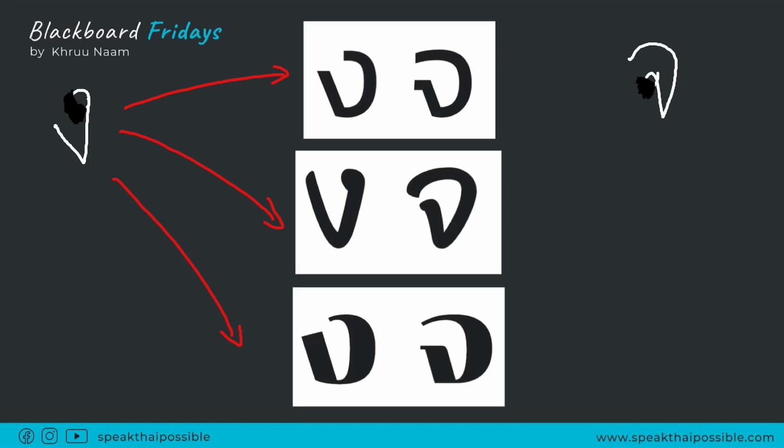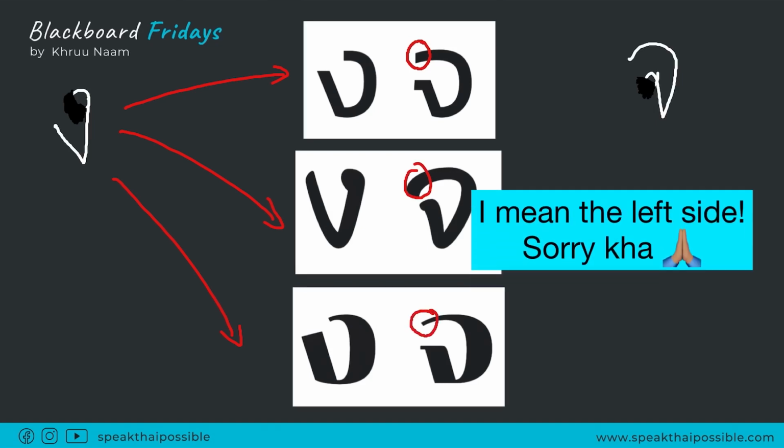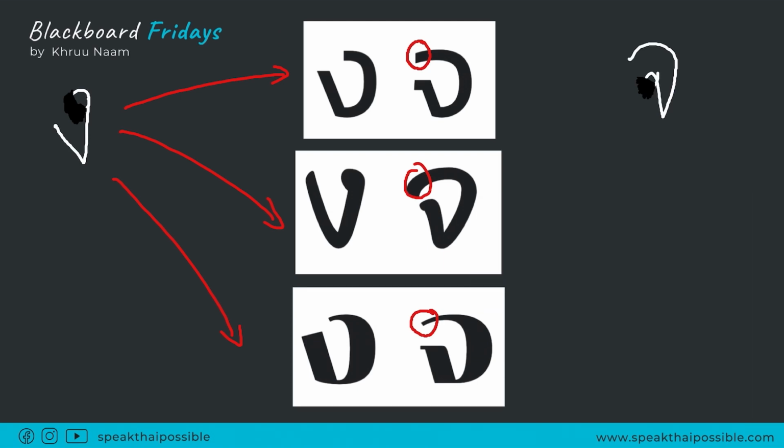To differentiate between Ngo Ngu and Jor Chan, what you should remember is that Jor Chan's ending always comes until the right side, the right end here. See? But Ngo Ngu ends just right here. That is the difference between Ngo Ngu and Jor Chan.